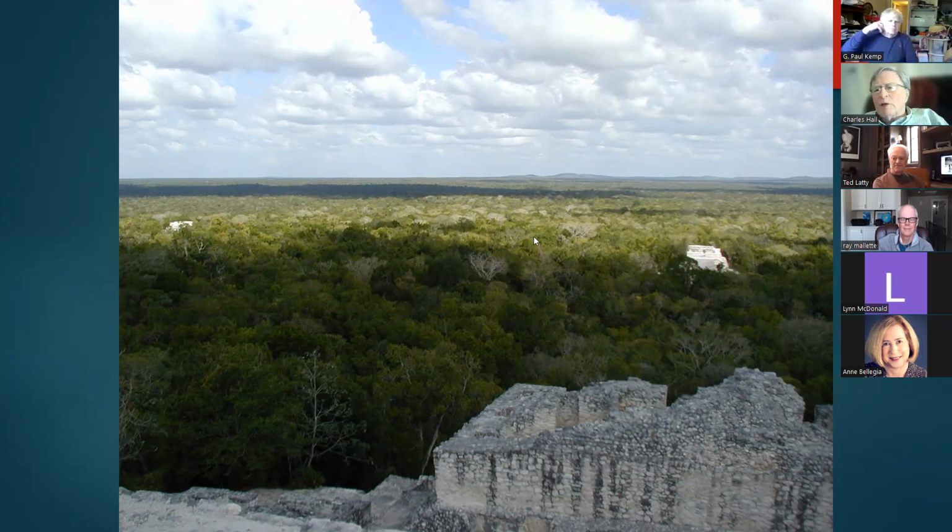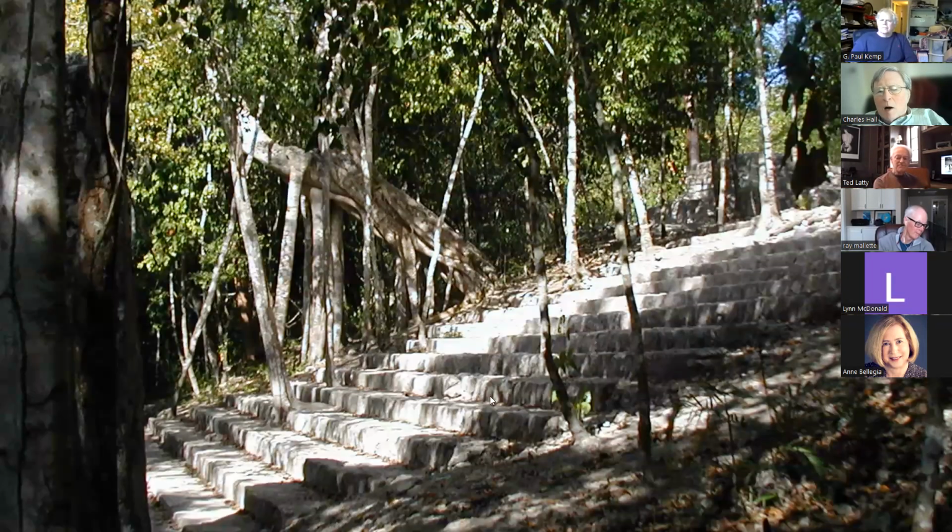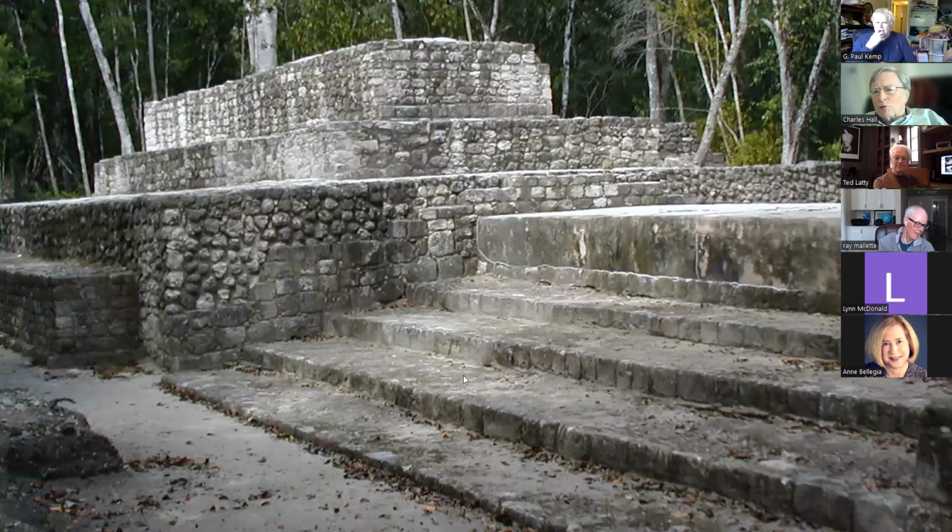There are enormous cities here. 800,000 years ago. Hundreds of thousands, maybe millions of people living here, all covered with forest now. And all this was agriculturally based, by Native Americans.